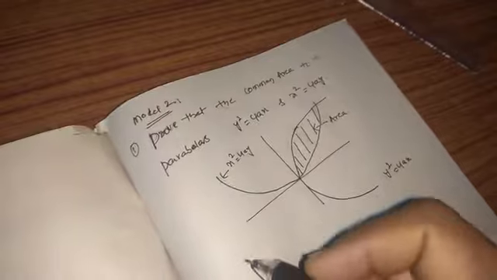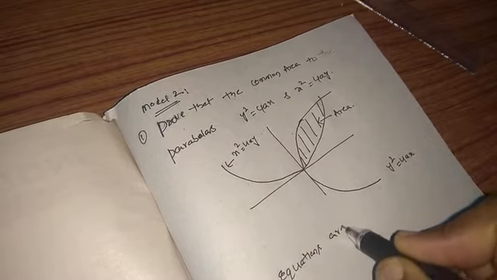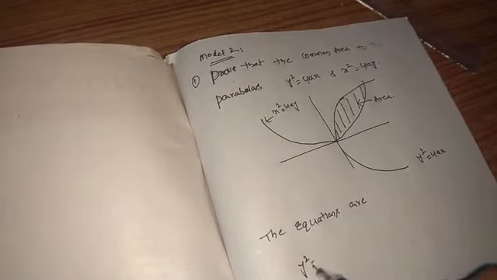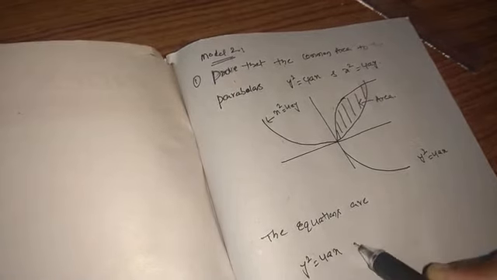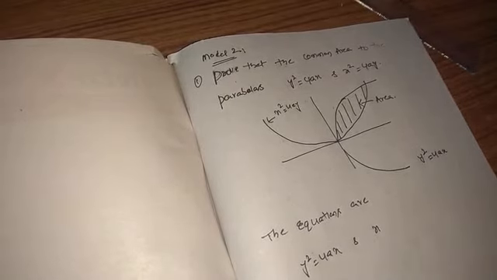For getting these two points, first the given equations are: first one is y square equal to 4ax, this is 1, and second one is x square is equal to 4ay, this is 2.